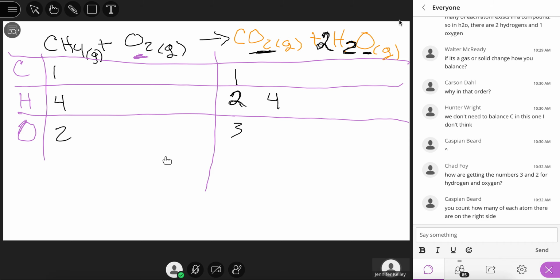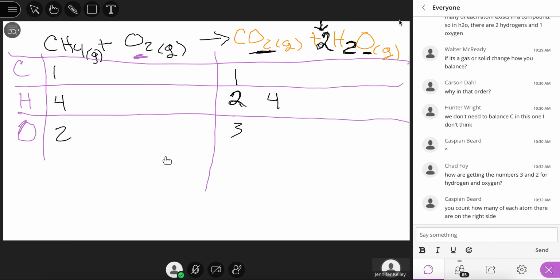But then on this side, before I put the coefficient, if there was no coefficient here, then you would just have H2O. And so that would be 2 hydrogen and 1 oxygen. So that 1 oxygen plus the 2 in the carbon dioxide would make the 3 oxygen.